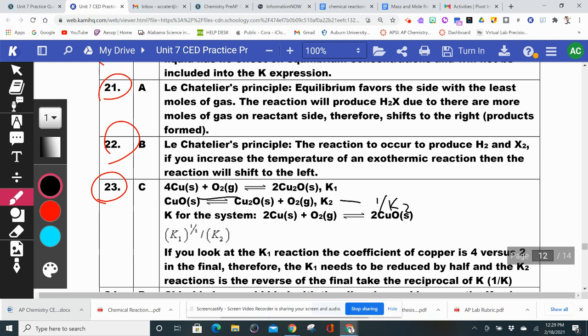So let's see. 4Cu plus O2 goes to 2Cu2O.